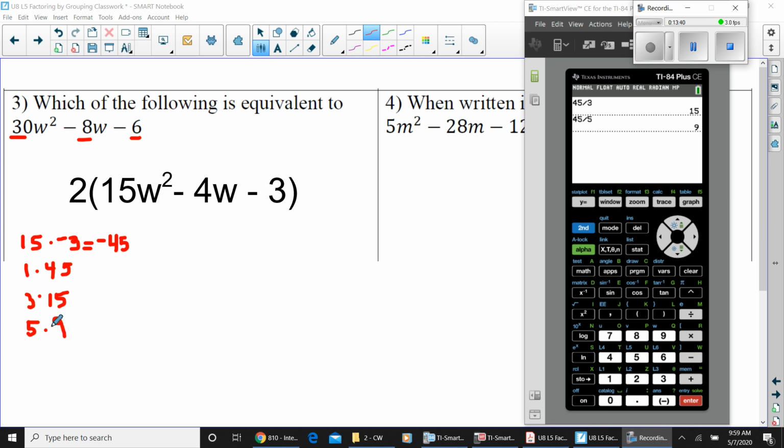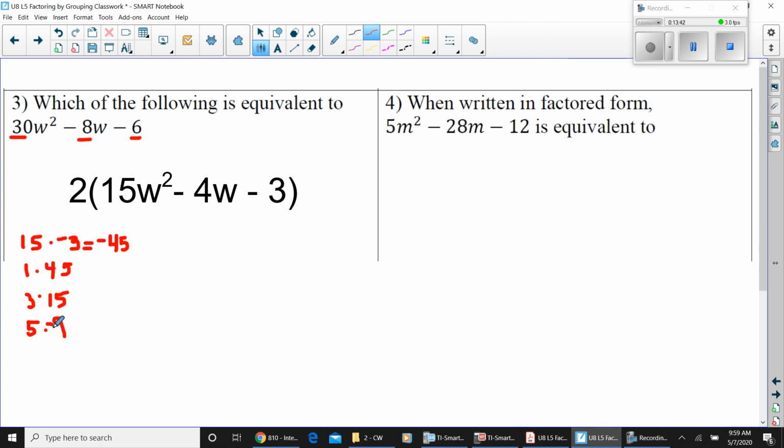Negative 4 would have to be a negative 9 and a positive 5. 5 minus 9 is negative 4. Positive 5 times 9 would be a negative 45. So it looks like I have my factors.